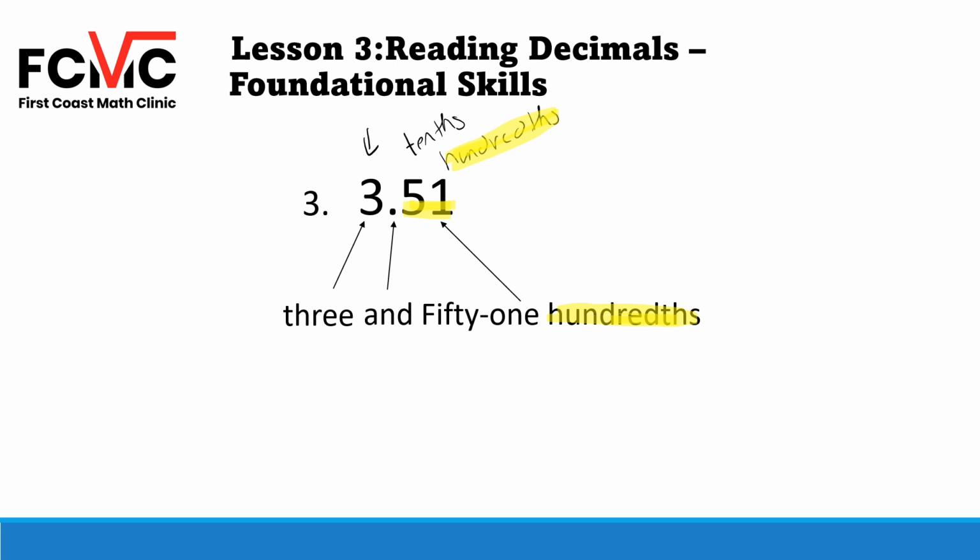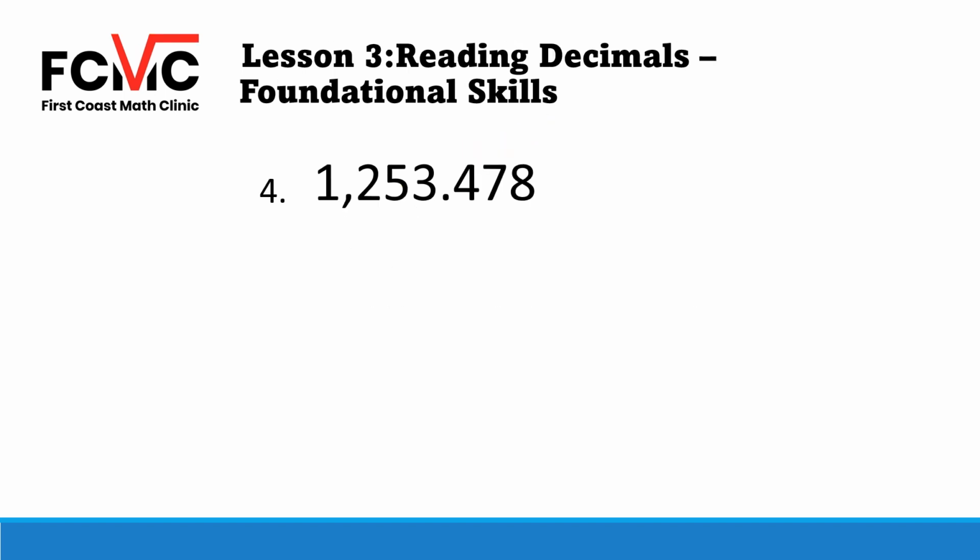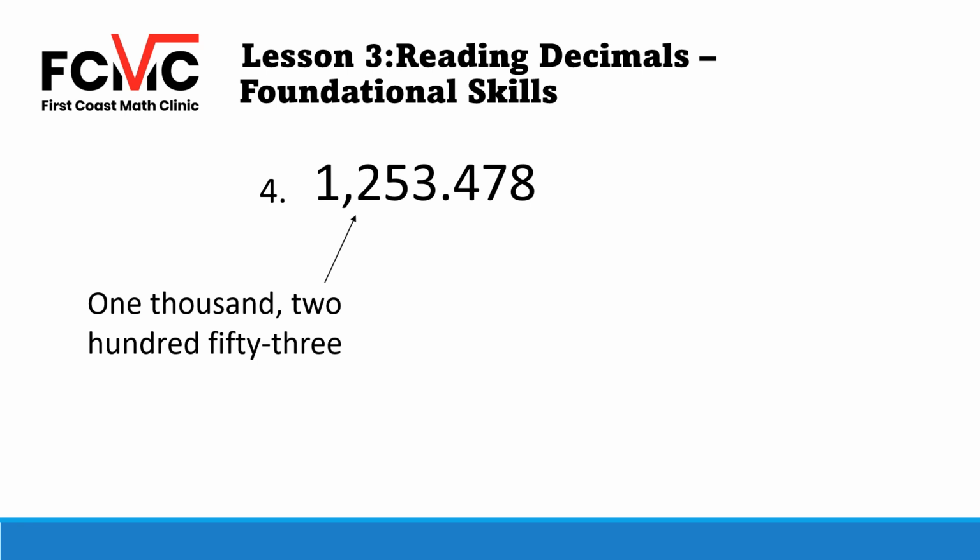All right, let's get into one more example. For number 4, we've got 1,253 to start, and then we've got the decimal, so that's going to be "and."